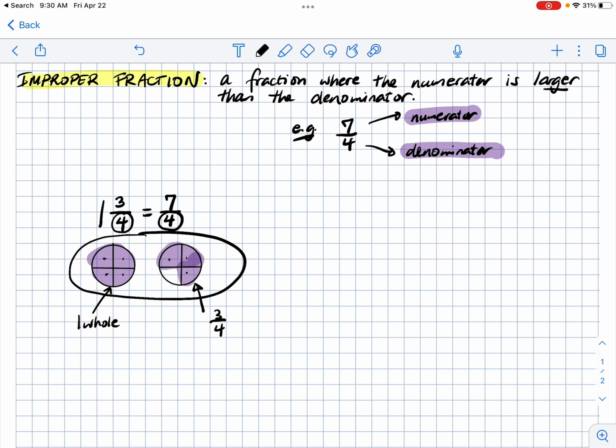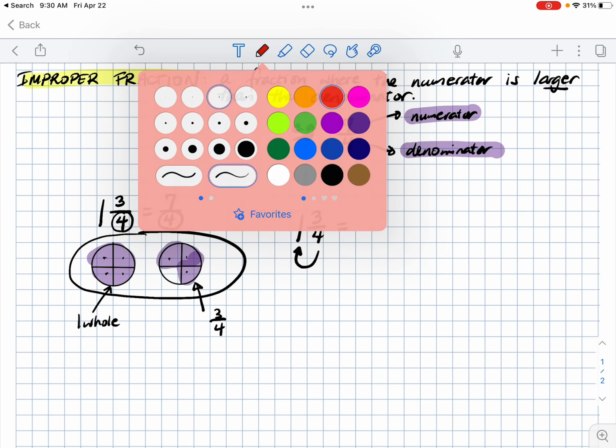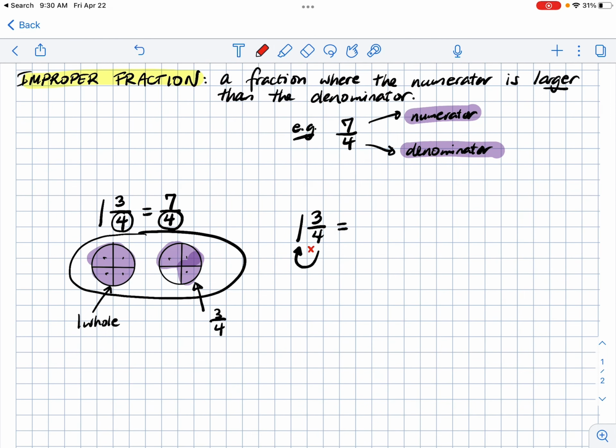Another way to look at it, if you remember, is the following. If we take that same example mathematically, 1 3/4, I find it's always easier to convert from a mixed number to an improper fraction because the operations are a little bit easier to do. So when you're converting a mixed number to an improper fraction, what you're doing is multiplying the denominator by the whole number first.